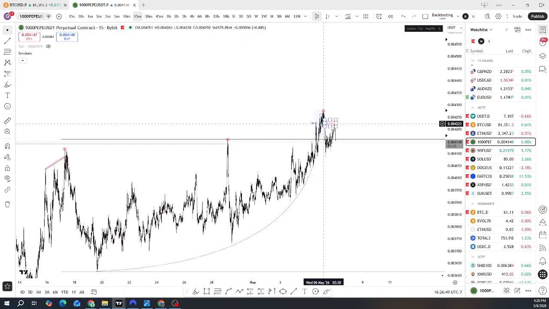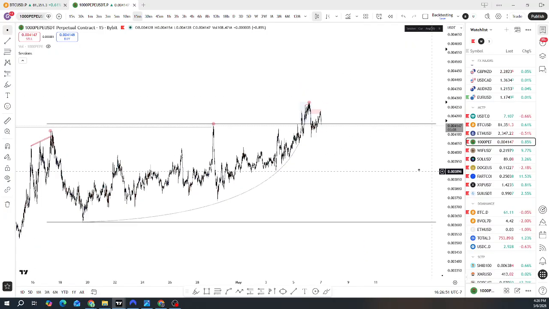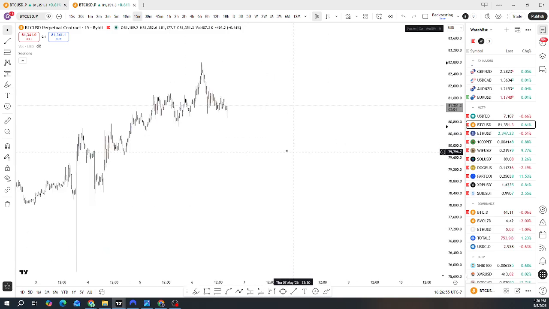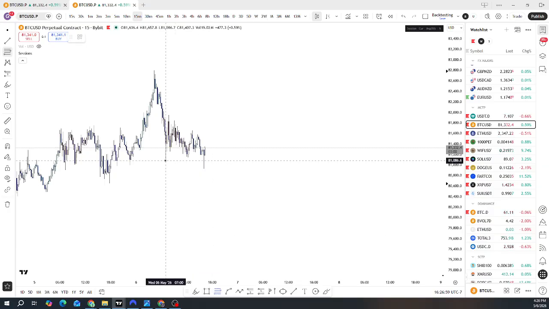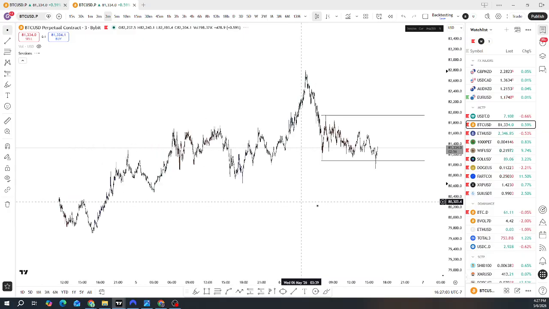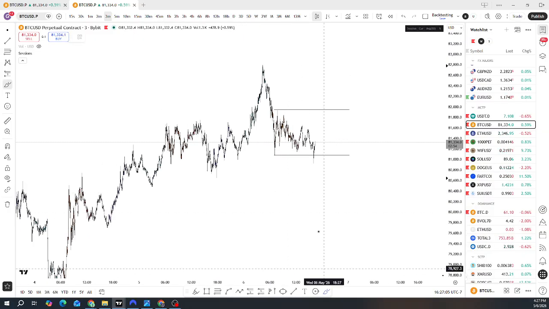So yeah, just gonna be watching for that test entry, and also gonna be watching these majors for some acceptance down. Although locally here we have an accumulation forming on Bitcoin. So maybe that wants to form a range low.